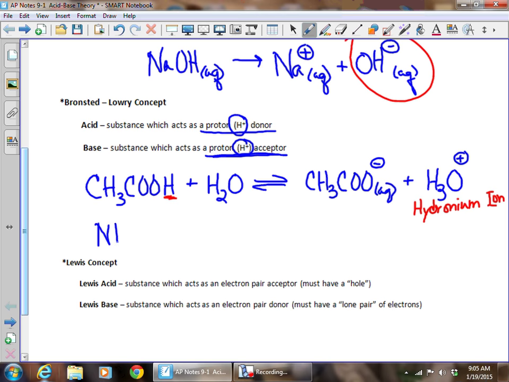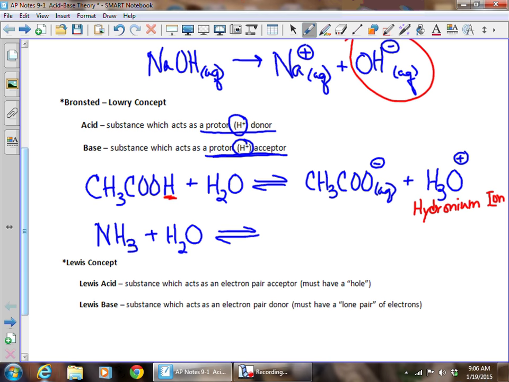A base then, NH3. NH3 is a prime example of why we need the Bronsted-Lowry definition, because looking at ammonia, there's no way to explain why it's a base because there's no hydroxide in it, there's no oxygen in it. But when you put it in water, ammonia acts like, we often call it a dirty, nasty hydrogen stealer. We call it the pirate. Base is the pirate of the acid-base world because they're stealing hydrogens all the time.